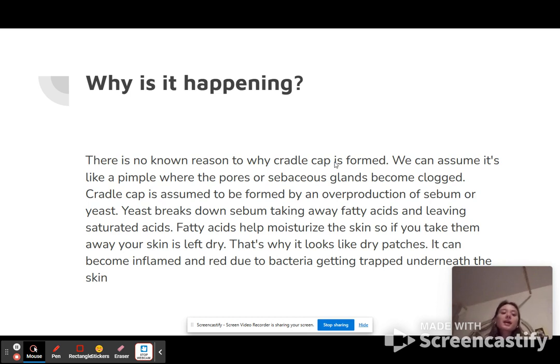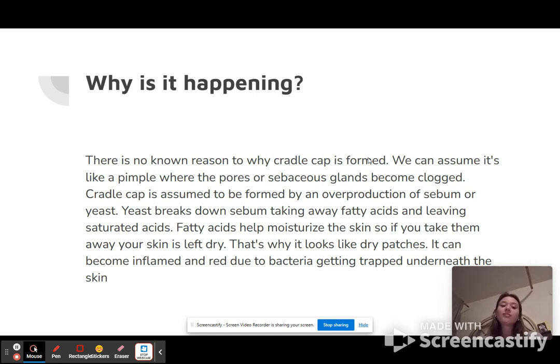And another thing that can happen is it can be caused by yeast, and yeast is going to break down your fatty acids, which is what moisturizes your scalp, keeps it healthy, keeps it functioning normally. And when those fatty acids are broken down, your scalp becomes dry, doesn't have moisture. And that's why when you have cradle cap, it looks like dry patches.